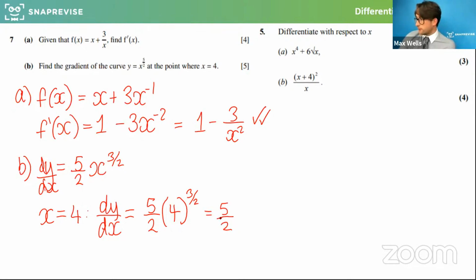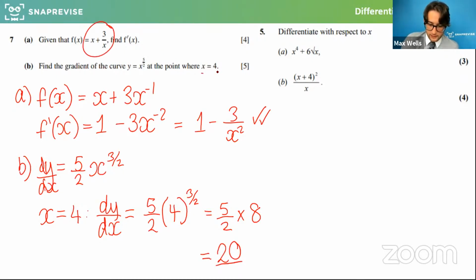Now 4 to the 3 over 2 is the square root of 4, 2, cubed, which is 8. 5 over 2 times 8, so 4 times 5, basically, which is 20. So the gradient of this function when x is 4 is 20.